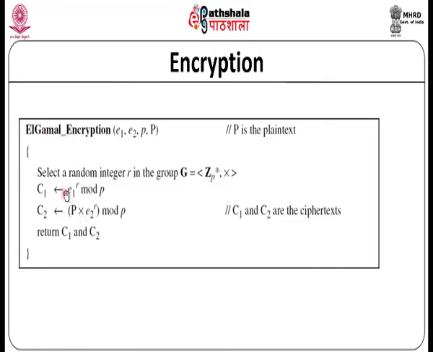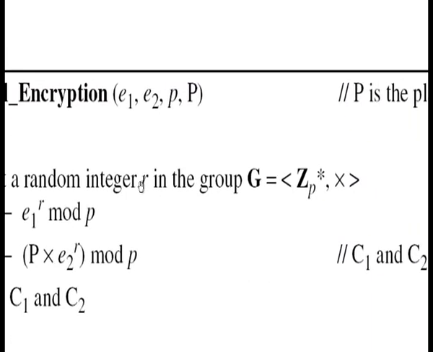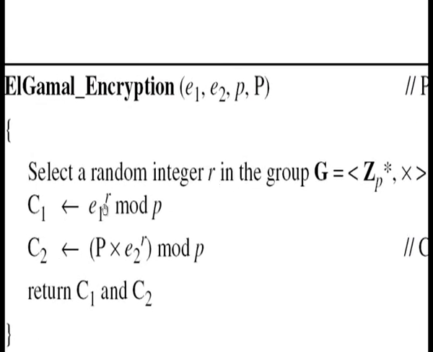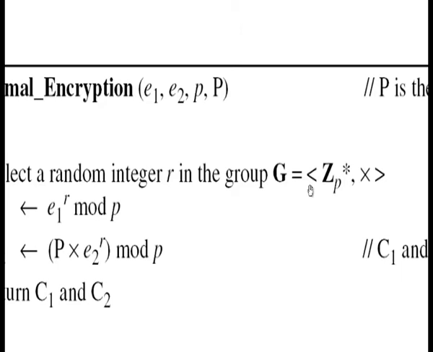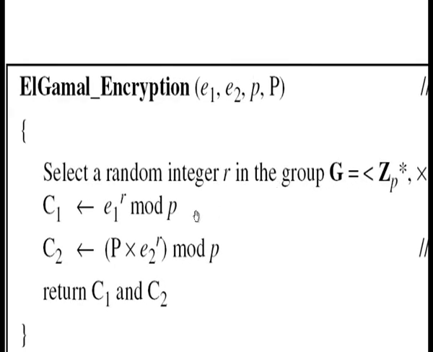In the encryption, there is one additional step, which is a random integer. This random integer in the group is used for generating C1. So Bob is sending E1 and E2, and Alice needs to generate C1 with the help of E1, choosing a random integer R in the group already agreed between Alice and Bob.